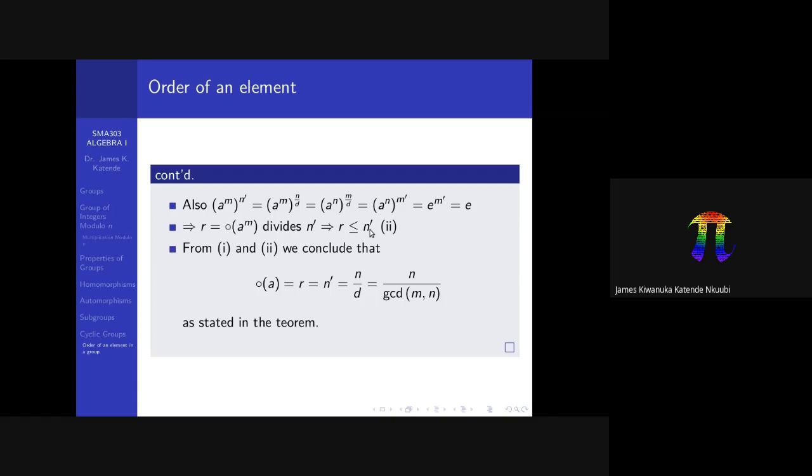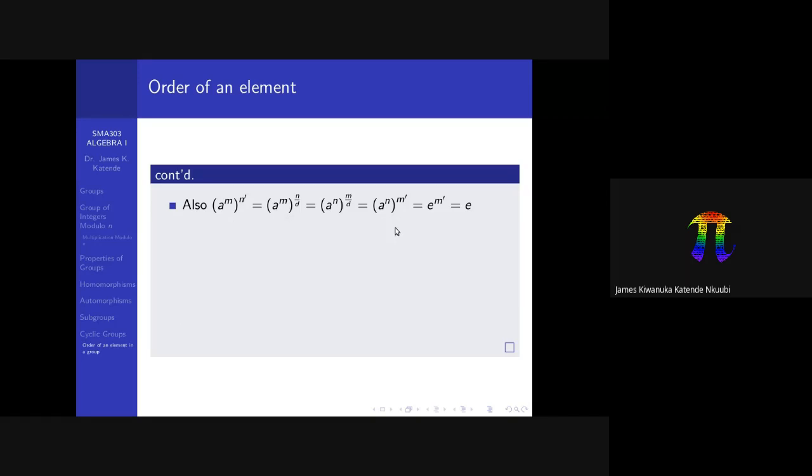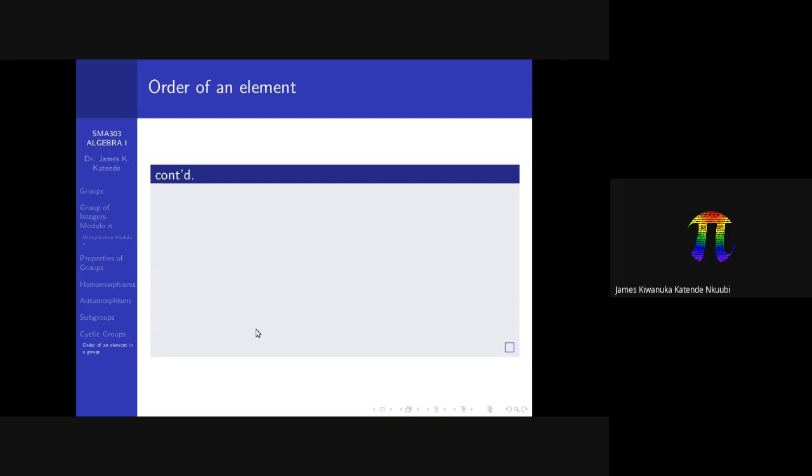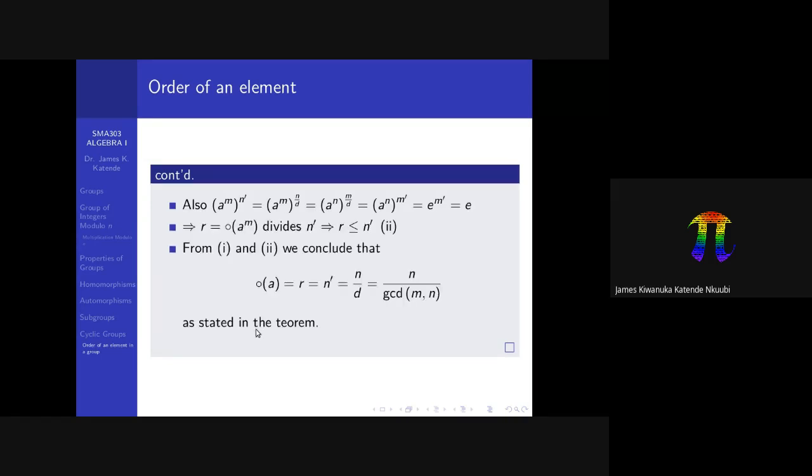So this gives us only one option. Expression number 2, which says R is less than or equal to N prime, combined with the first one, which says N prime is less than or equal to R, means that the two must be equal.